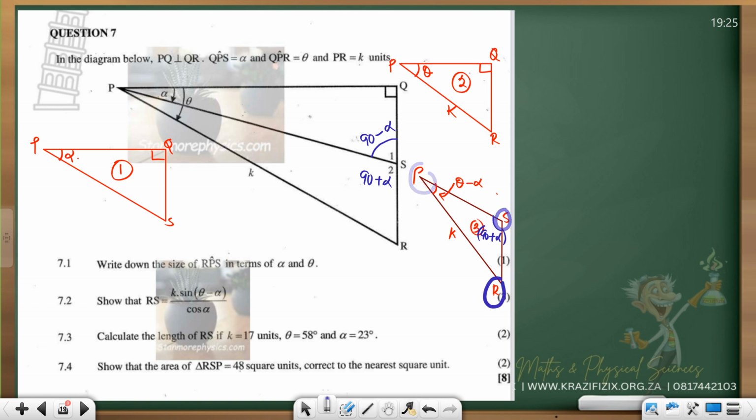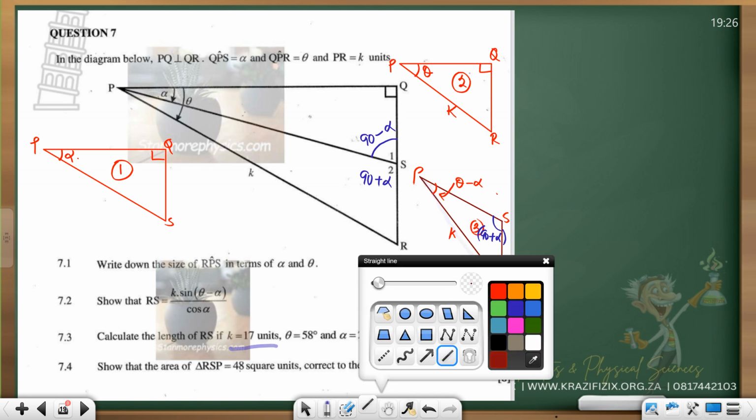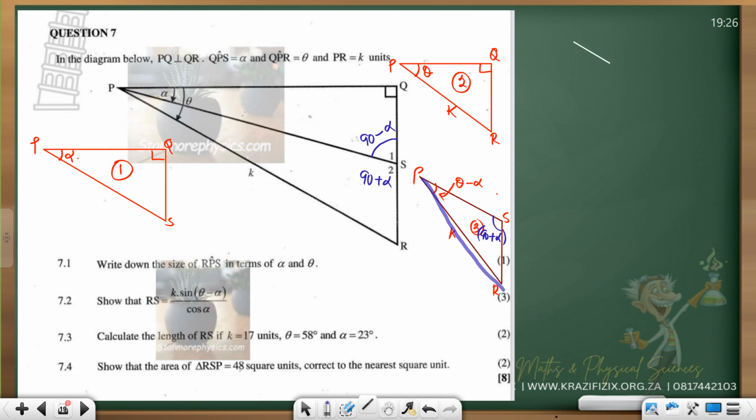If we look at that triangle, area rule, we need two sides and an included angle. By the way, we do have RS. Oh, we have K. K is 17. Let me draw that triangle.